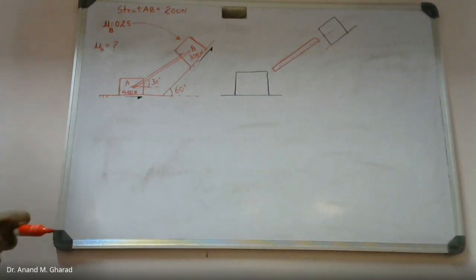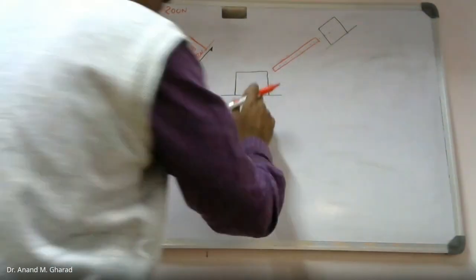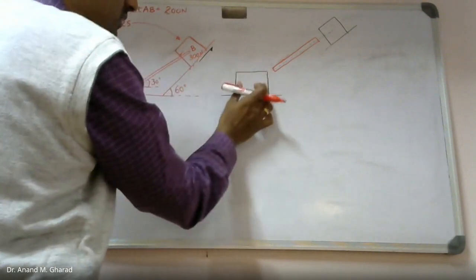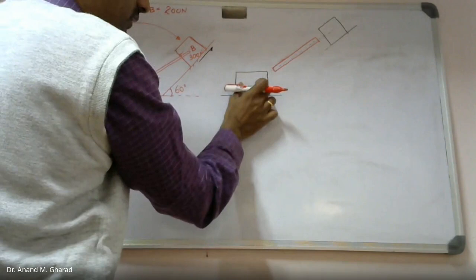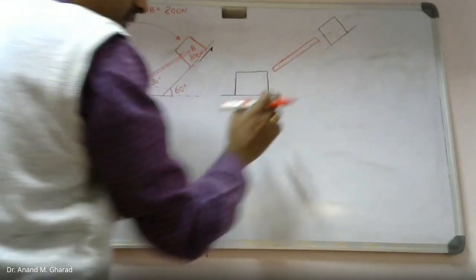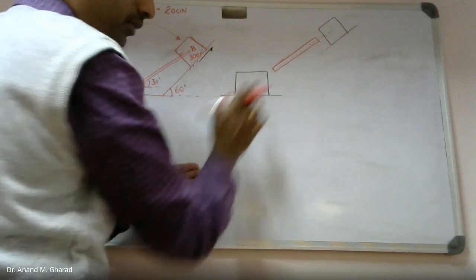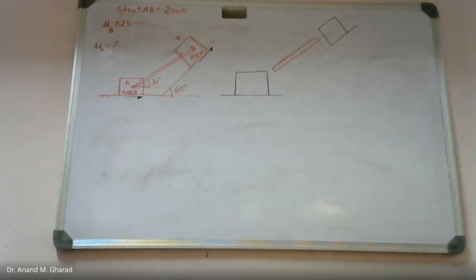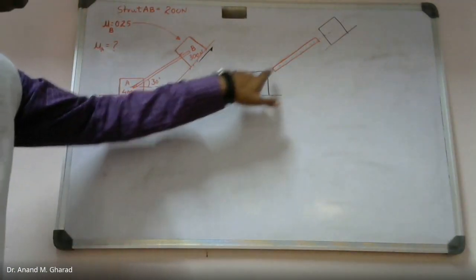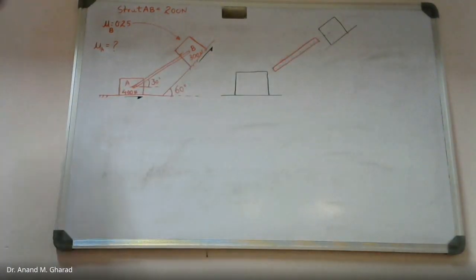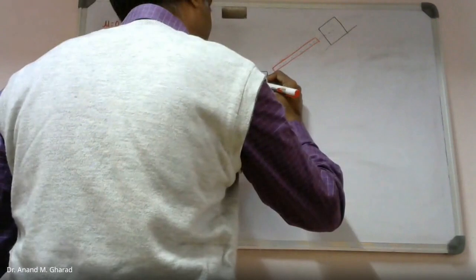Horizontal and vertical. These reaction forces will be developed at point A. And since this strut is connecting block A and block B, equal and opposite reactions will be transferred on block A and block B as well, from block A to the strut and from block B to the strut.